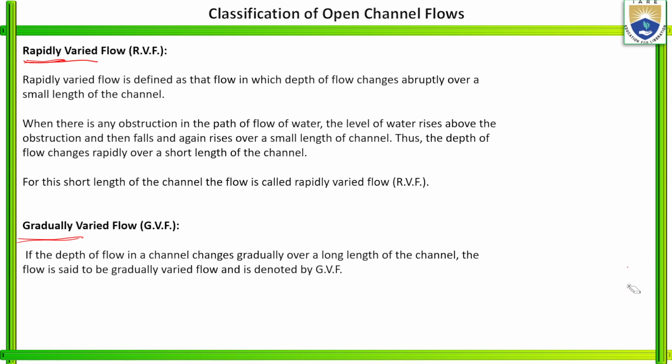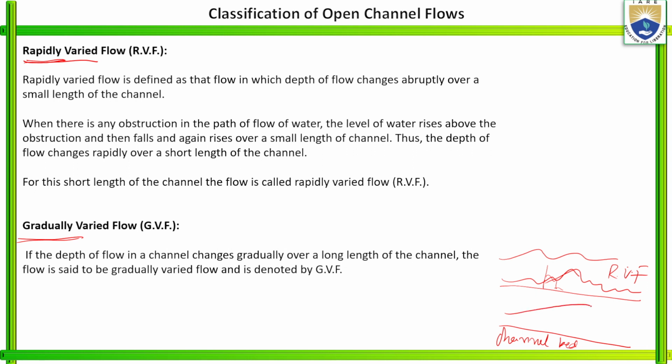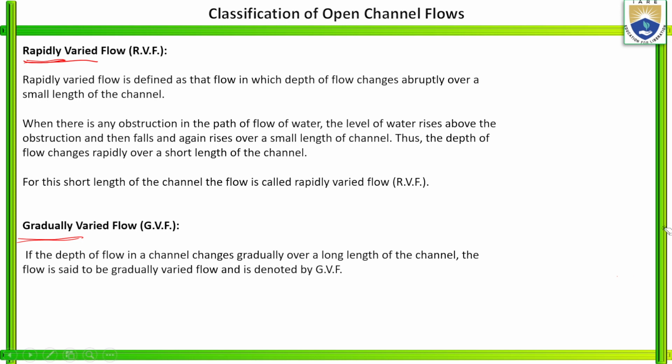If the channel bed is like this and some obstruction is there, the flow is like this within a short period, otherwise like this. This is rapidly varied flow. Coming to the channel bed, gradually varying the flow. This is the difference between these two, and the name itself tells the difference in open channel flows.